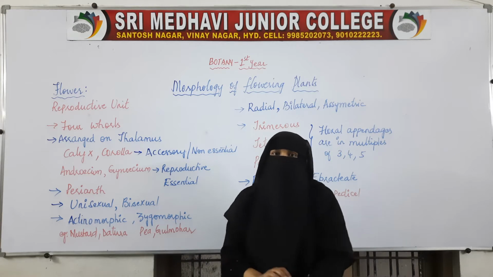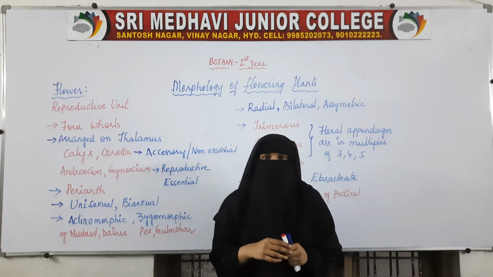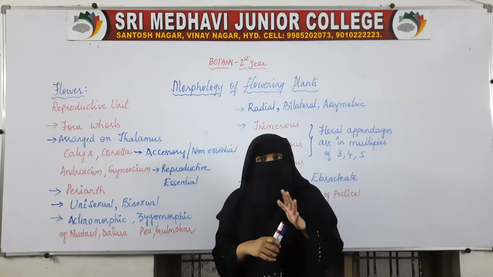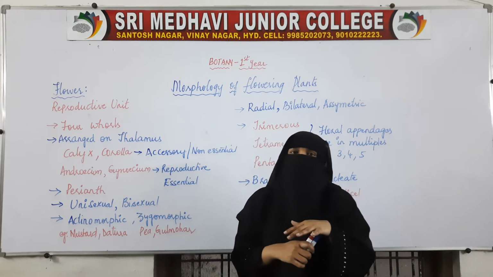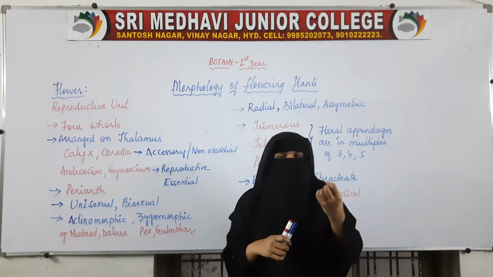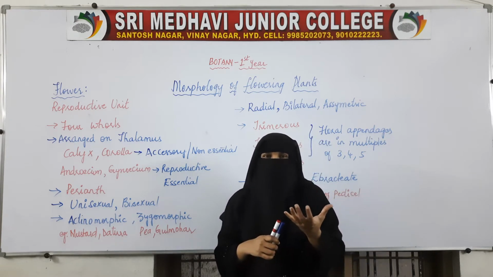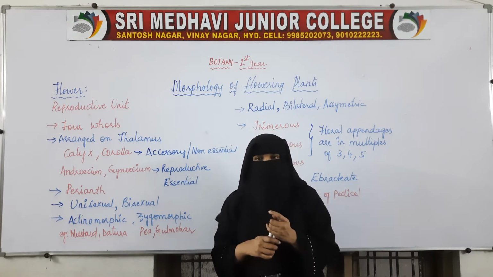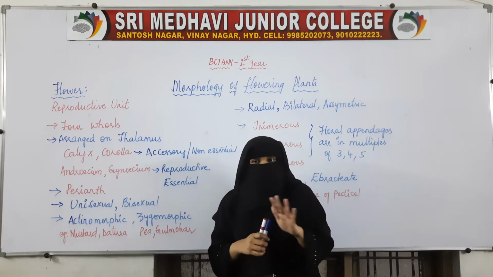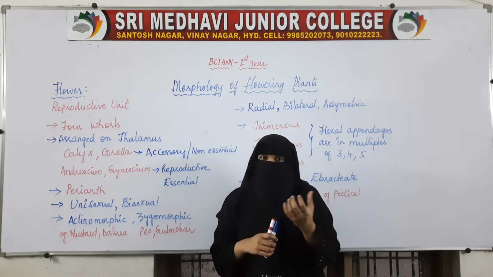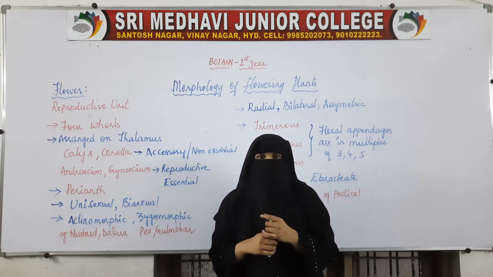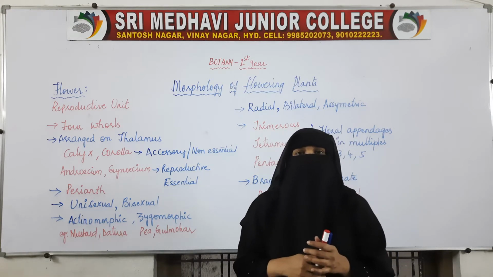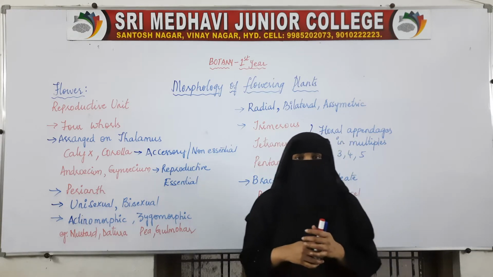So coming to this flower, it is the most attractive part of the plant. Apart from being attractive, it attracts insects, and it looks beautiful because of its different colors and shapes, pleasant to our eyes. But apart from this, the flower is the major reproductive organ of the plant.